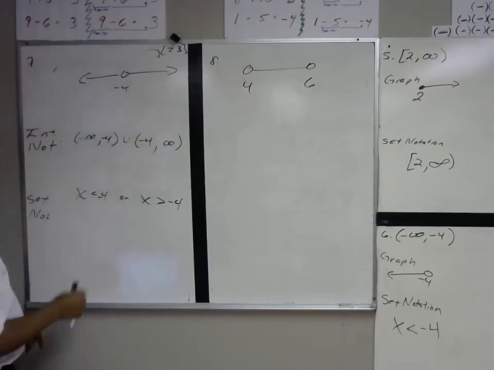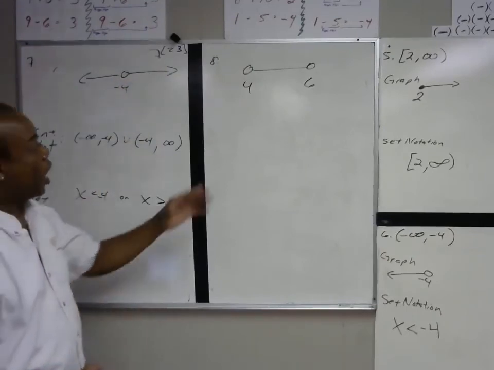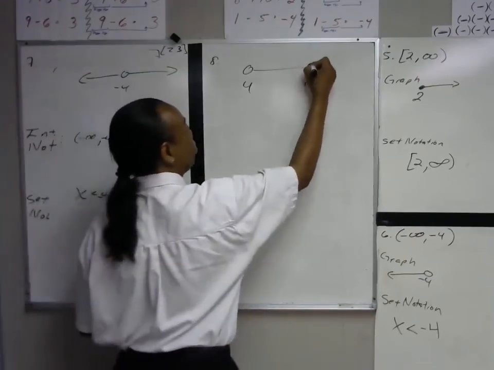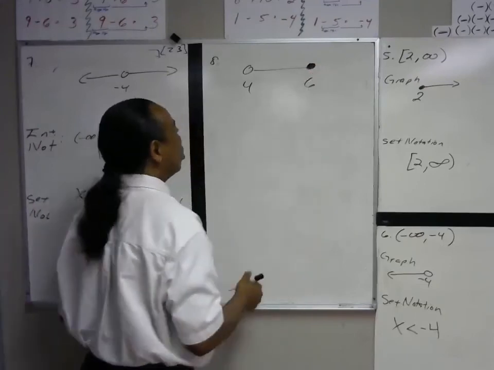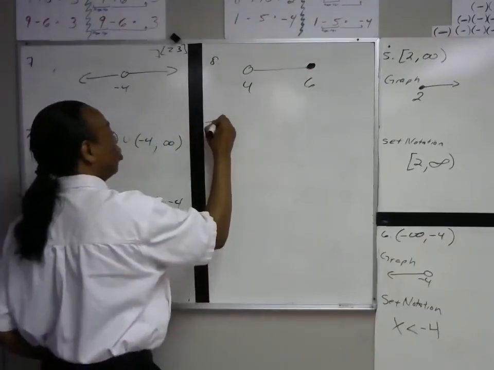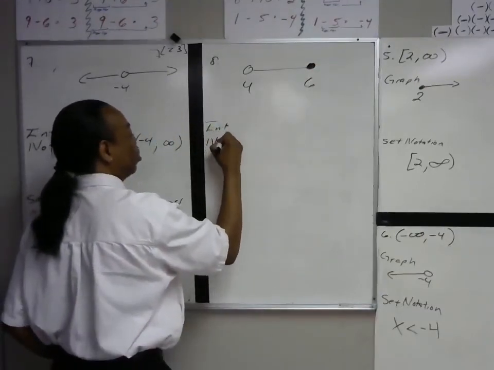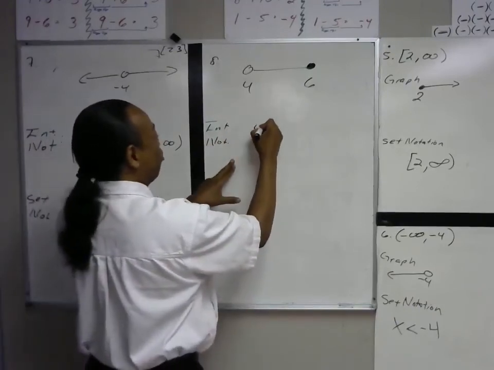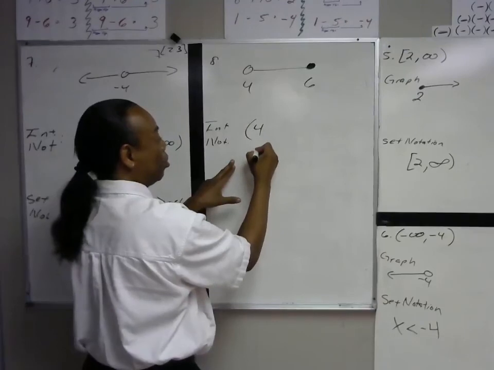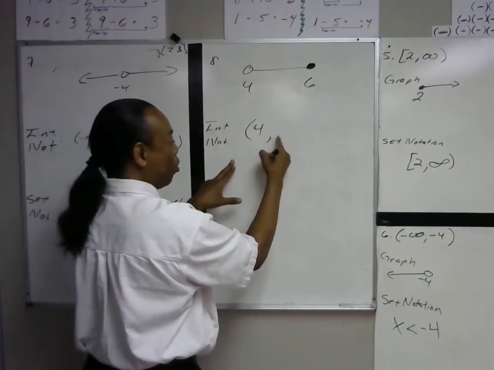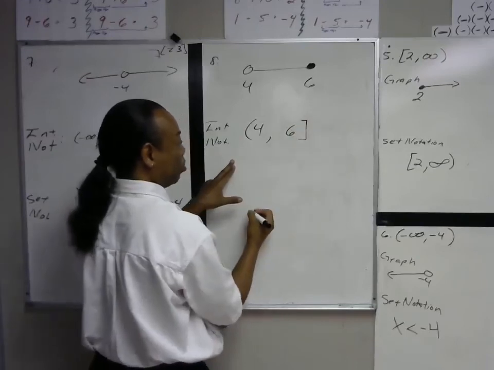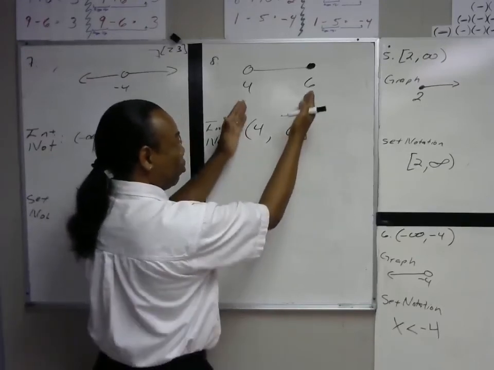Okay. All right, number 8. We have a line segment here, and this needs to be filled in. So how do we represent that using interval notation? The interval notation for this would be 4, not included, and all the numbers after 4 to 6, but include 6. This is the interval notation for this.